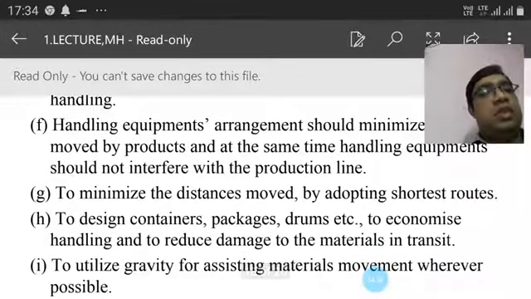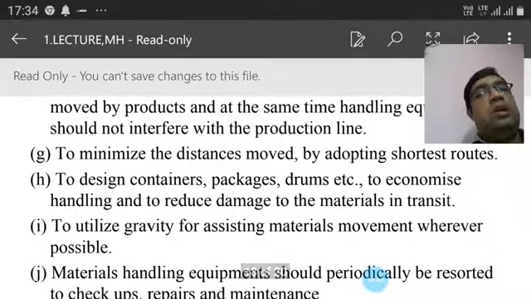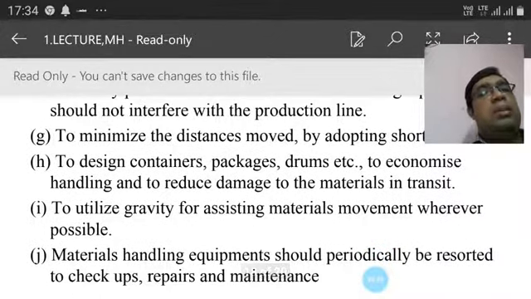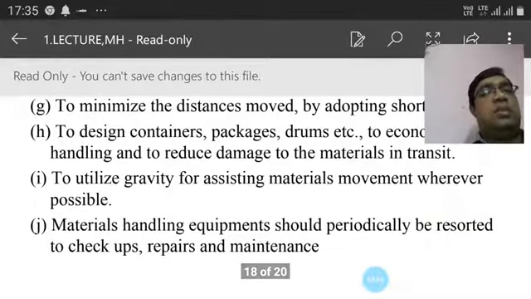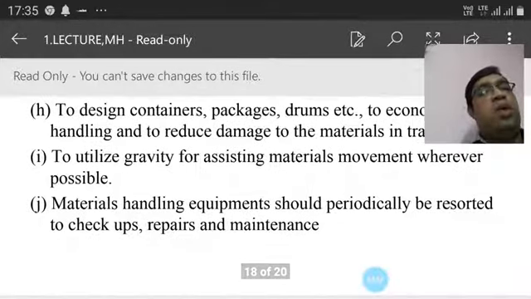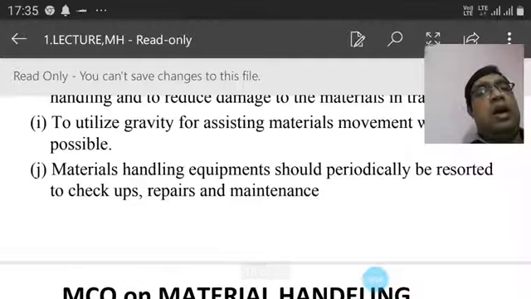Sometimes you minimize the distance moved by adopting the shortest routes, and design containers, packages, drums, etc. for economical handling and to reduce damage to the material in transit. Gravity should be utilized to assist materials movement whenever possible. Materials handling equipment should periodically be checked, repaired, and maintained.